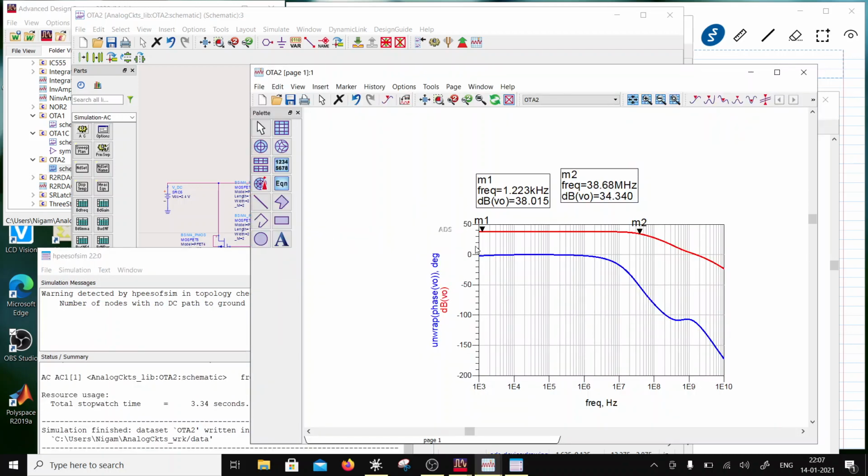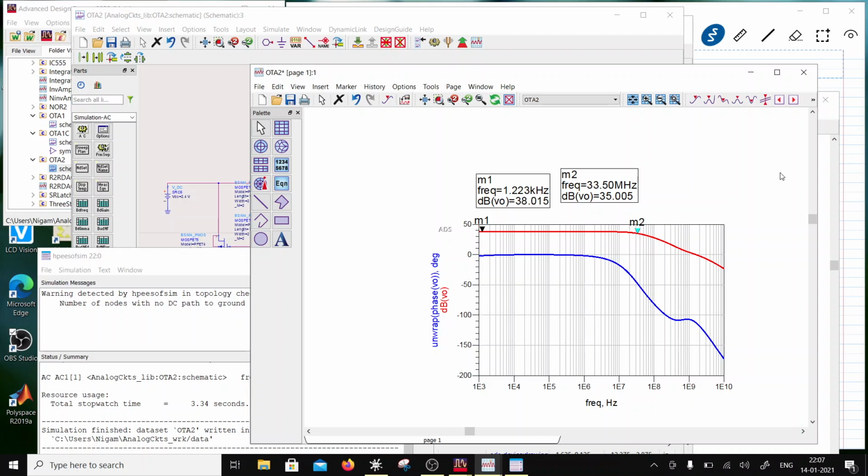Okay, so this is another OTA which has 3 dB bandwidth. Okay, so it has a 38 dB gain here, 35, 38, 37, 36, 35. Okay, so basically this will go up to 35 over here.